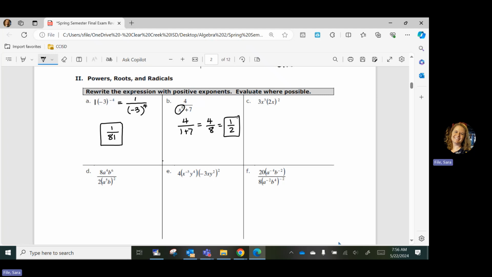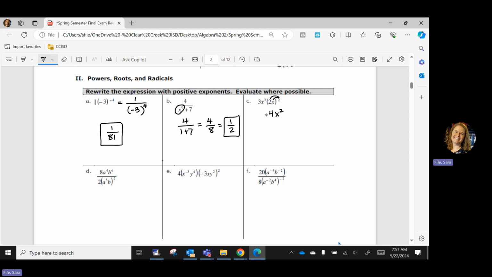Okay, if the power was something else, like here in C, we've got a cube and a square, we're not going to be able to evaluate this, but we can simplify it. Okay, so you need to remember, if you have parentheses with the power outside the parentheses, the power goes to everything inside. So the 2 is being squared and the x is being squared. So 2 squared is 4, and then that's x squared.